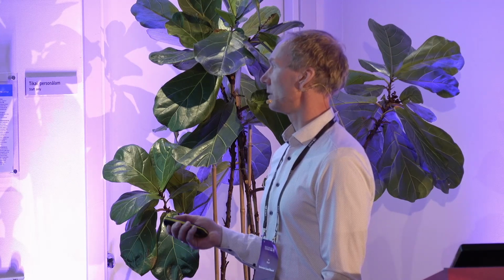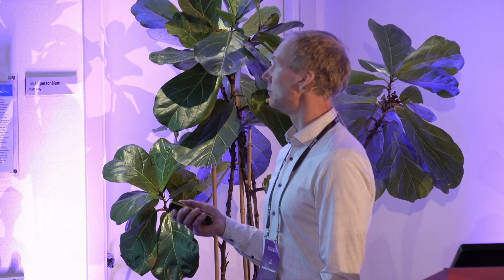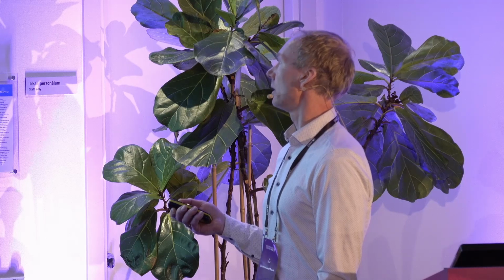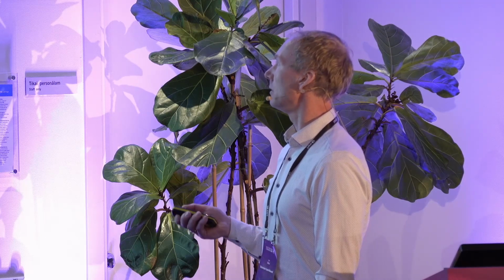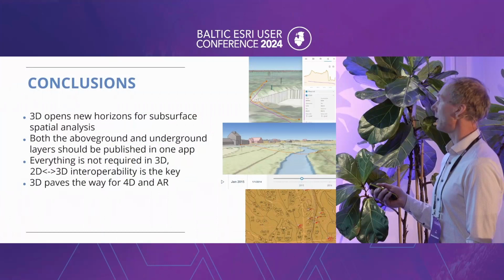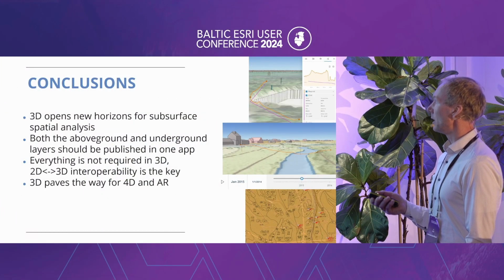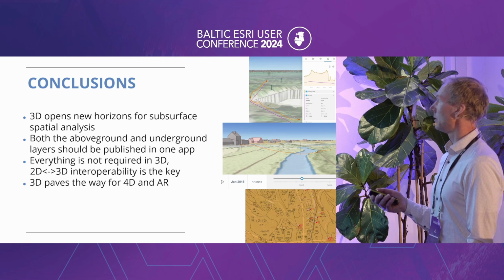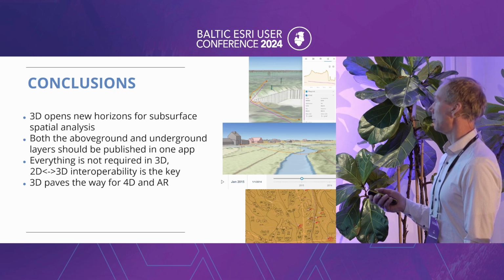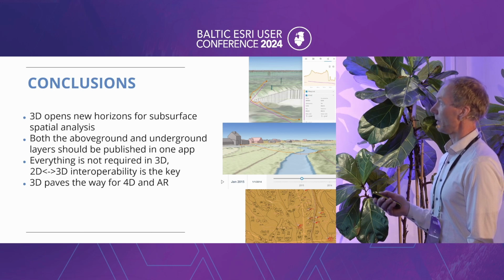Here, if we have a time slider, we can show how the river's water level is rising and affecting these houses. Or if we know that these are clays, we can have some landslide in the future, and this can affect the buildings here.